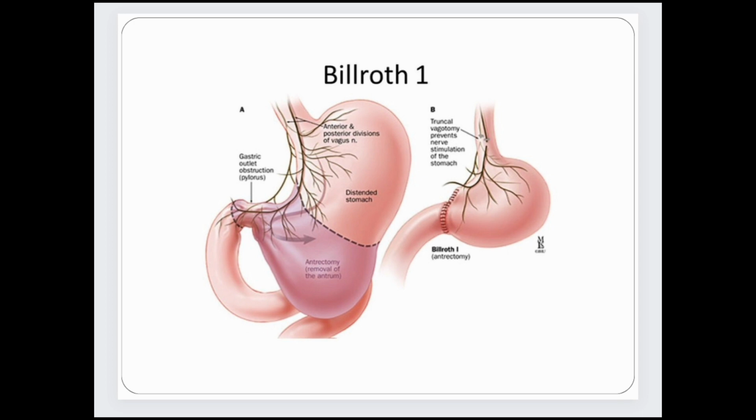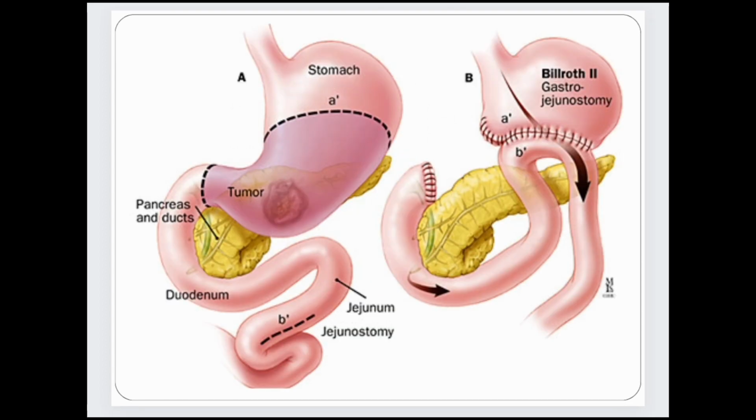The whole of antrum is removed in case of Billroth 1. This is Billroth 2, where gastrum and jejunum are repaired together.